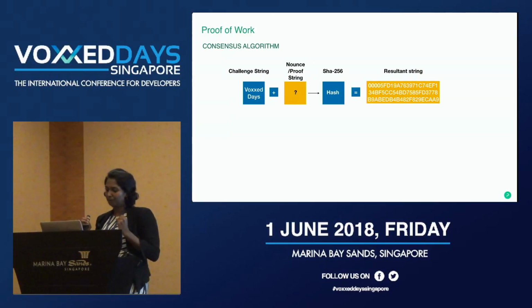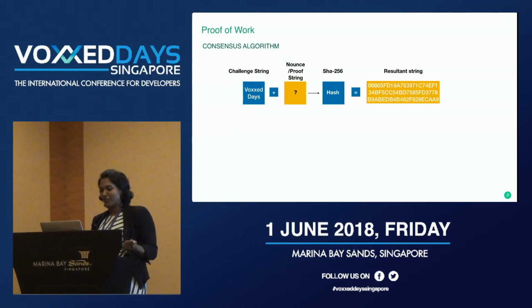So when you take the challenge string and proof string and put them into a hashing function and see the resulting string, if the resulting output string matches the criteria, then you publish your proof string along with the data into the cluster, and the cluster will validate your proof string and the transaction. If it's valid, it will be added to the nodes' ledger.